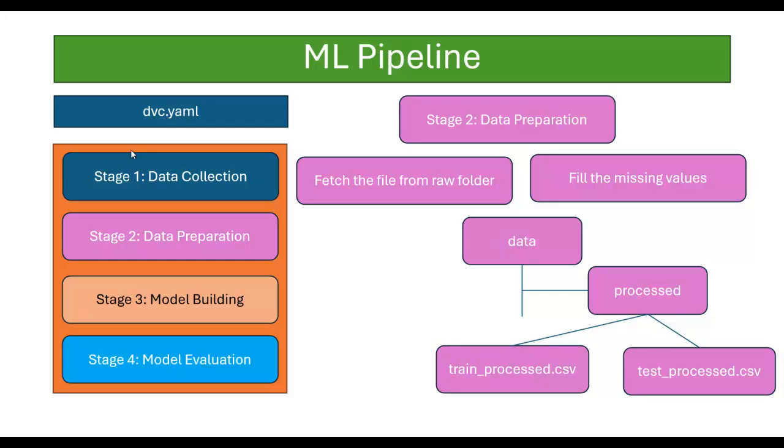We will pass this raw folder as a dependency during the second stage, meaning the output of the first stage becomes the input of the next stage. Here we are making connections between stages and creating our machine learning pipeline. Hope all of you are clear with this.